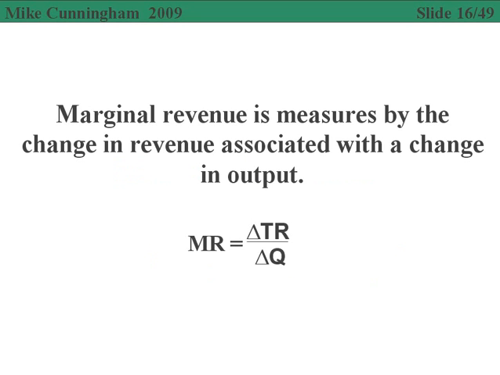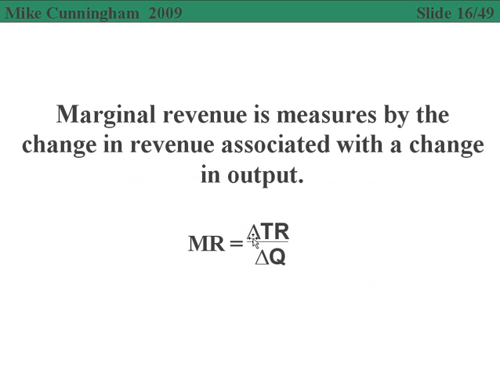So if we do that in this expression here, we say the marginal revenue, MR, is equal to delta. Delta is the Greek letter for D, but it's the Greek letter which we use to represent change, the change in.